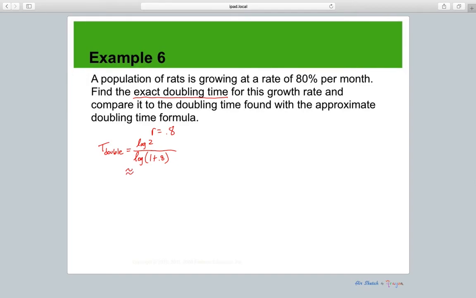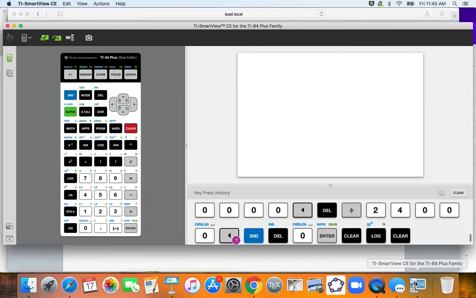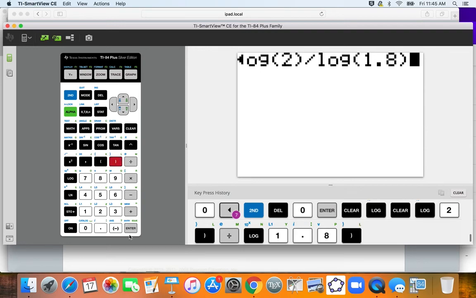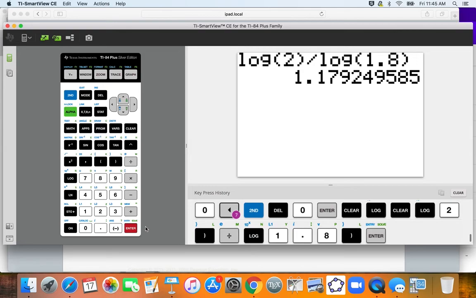So let's jump over to the calculator. Log 2 over log 1.8. So the doubling time is about 1.18 years. Oh no, I'm sorry, this was given in months, so not years. The rat population will double in 1.18 months.